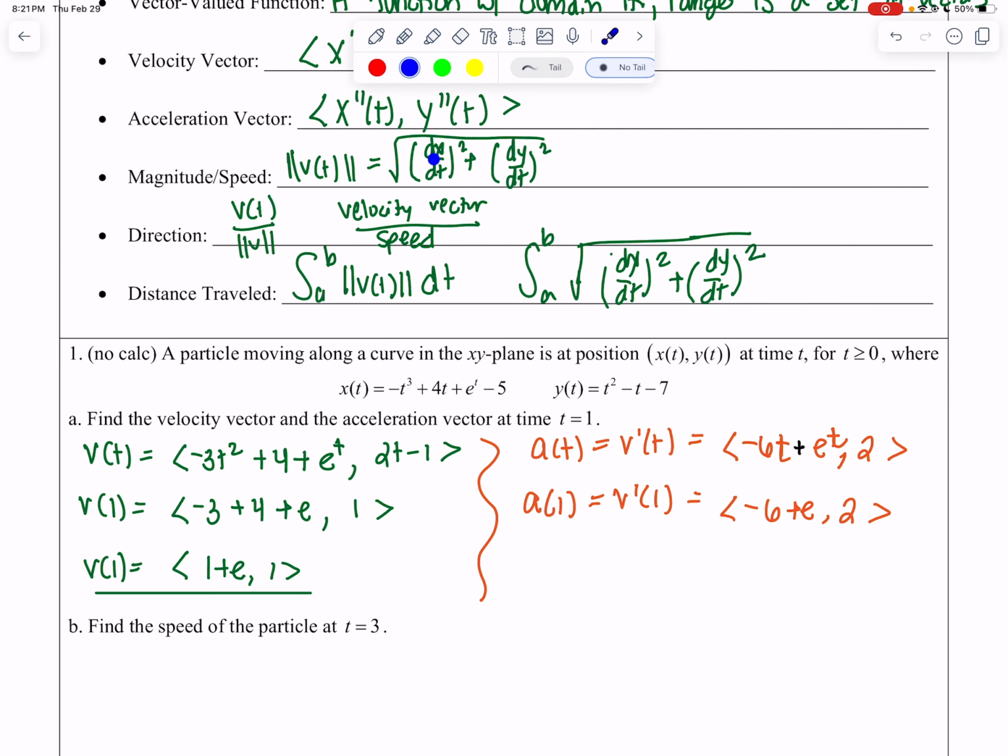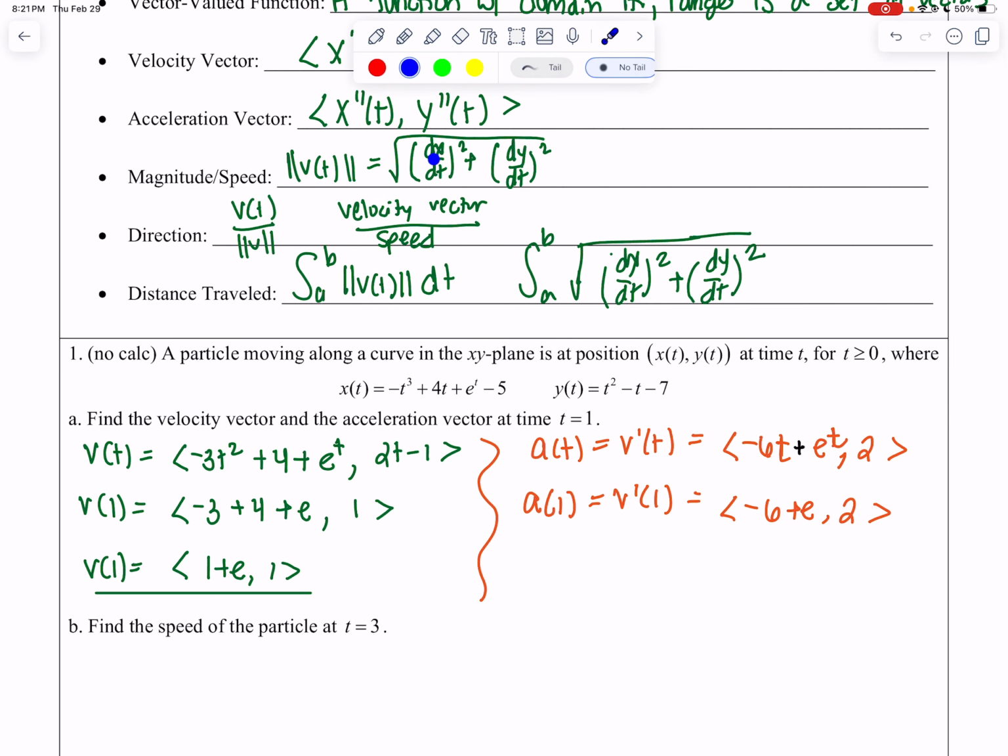At 3, I'm going to get negative 3 times 3 squared plus 4 plus e to the third. This is 9. 9 times negative 3 is negative 27. Plus 4 is negative 23. Plus e to the third.